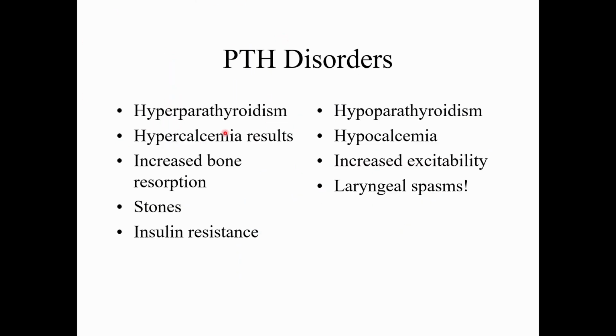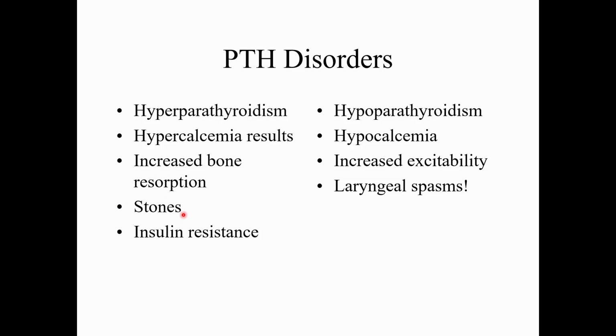So what if you have too much parathyroid hormone? You are going to have calcium levels that are too high. You're going to increase bone resorption, or pulling calcium out of the bones. And when you have too much calcium in the blood, you'll be filtering that calcium.